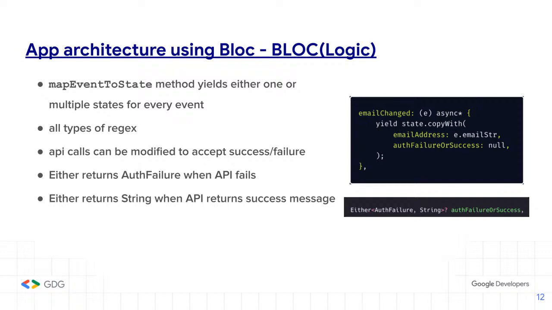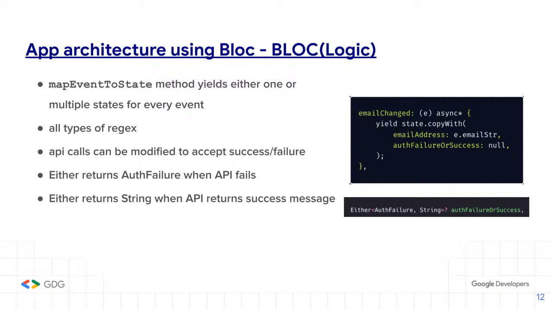The other thing that I have here is the Either return type. Either is an extremely simple return type. It comes from a package called dartz, which you can find in pub.dev. Either is a return type that accepts two objects. The reason it accepts two objects is that I mostly use it when I make calls to an API.